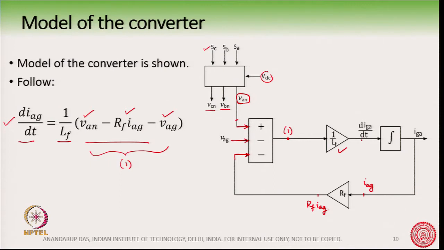So, here comes diAG/dt. Then I integrate it. When I integrate diAG/dt, I get the IAG back here, and this IAG I will feed back here and complete the loop.